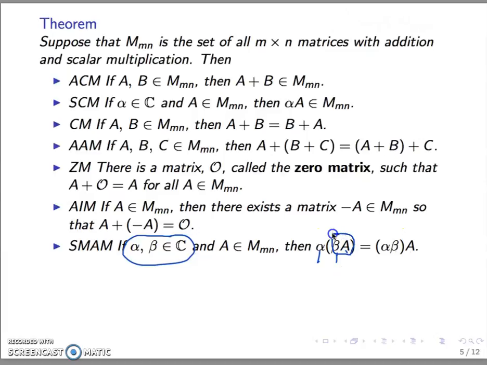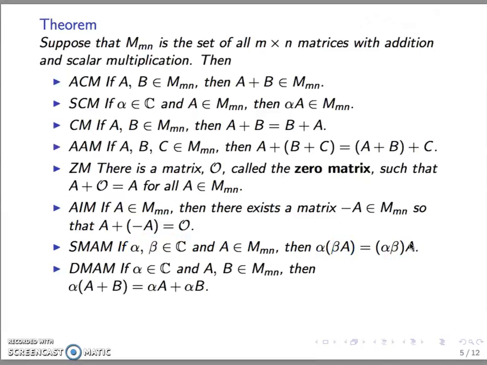So this here is perform or carry out this scalar matrix multiplication first and then multiply scalar alpha to the new matrix, while here the group is carry out the scalar multiplication to obtain a new scalar, and then take that scalar and multiply it by the matrix. You will see that indeed both of these things are equal to the same matrix.